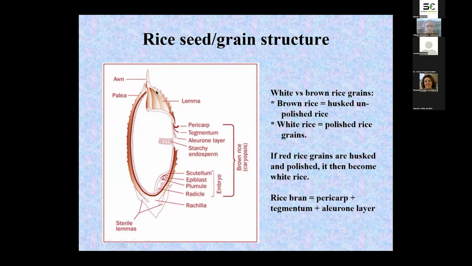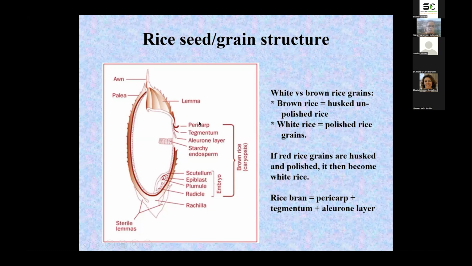If we only peel the husk, we will have what is called brown rice, complete with pericarp, tegmentum, and aleurone layer, where most of the anthocyanin content is. But the further step is polishing, and this will result in what is called white rice.